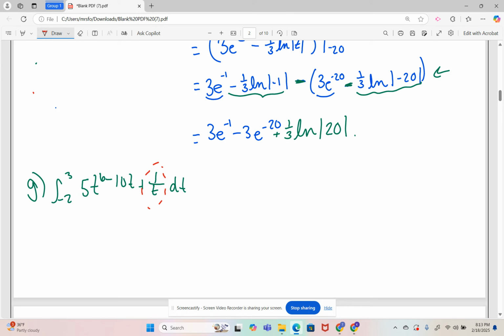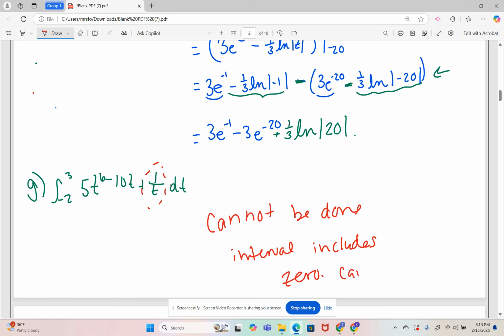Now, if there wasn't 0 in the interval, then we could move forward. So, cannot be done. Interval includes 0. Cannot divide by 0.